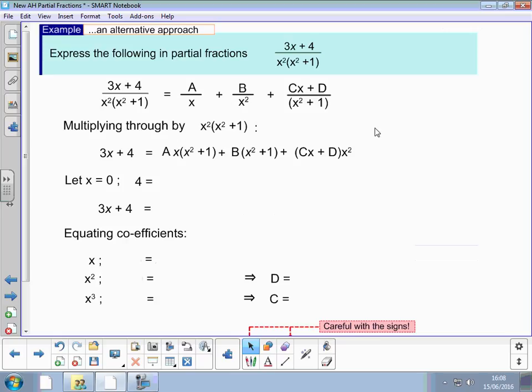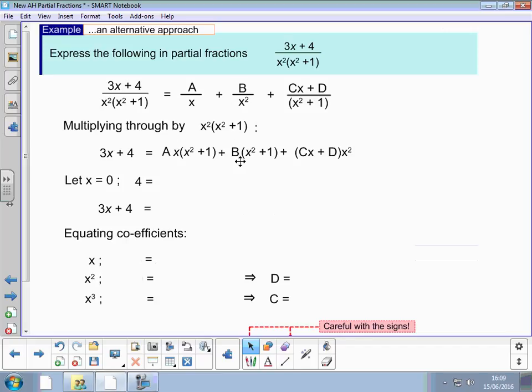Now, in this example here, we're a little bit limited in values we can choose for x. So we're actually going to look at a slightly different method to dealing with this one. We're going to start off by letting x equal 0, however, because if we do that, then that will allow us to get rid of the a term, because of that x there, and allow us to get rid of the c term and the d term, because we've got an x squared at the end of that one as well.